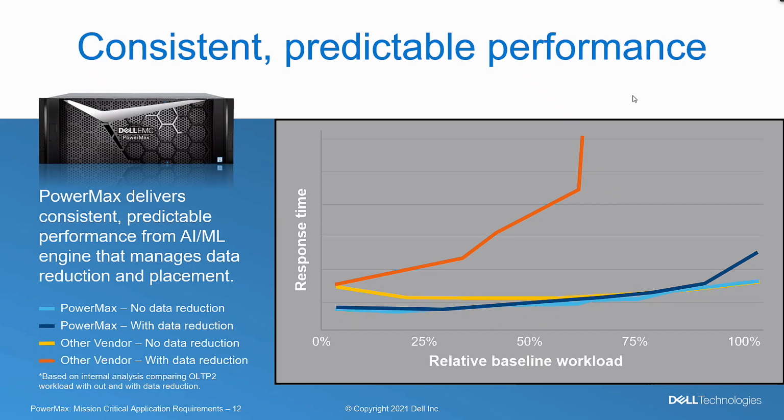What we realized, though, was when we introduced data reduction into the operating environment, the ability of the array to consistently deliver predictable performance started having issues when the workload was increased. So John, data reduction is compression, dedupe, thin provisioning. I mean, all that, or one?